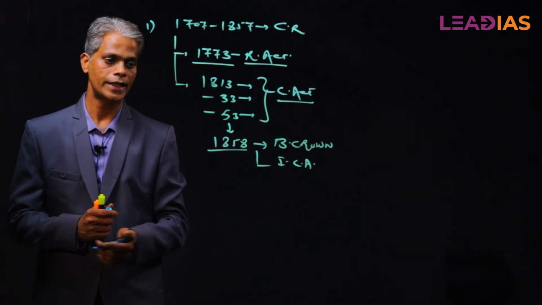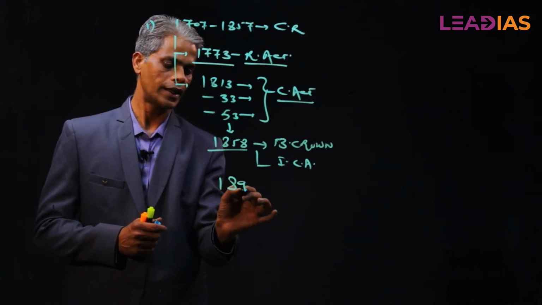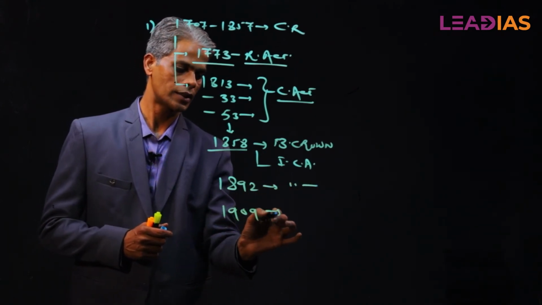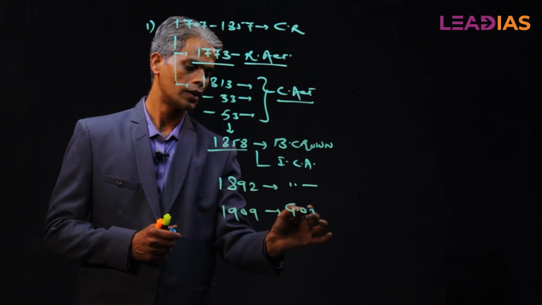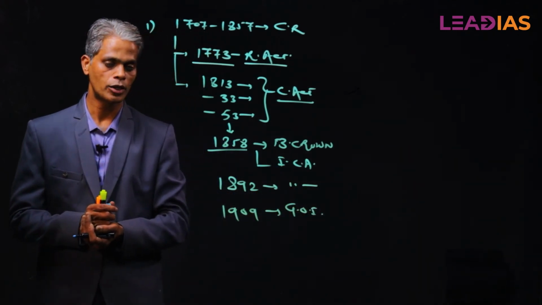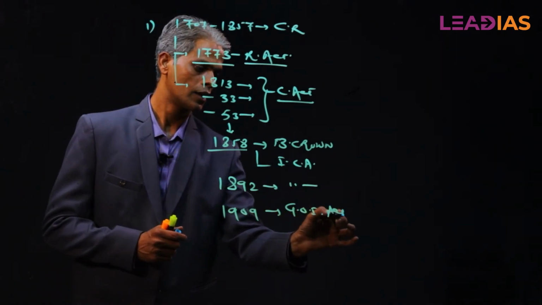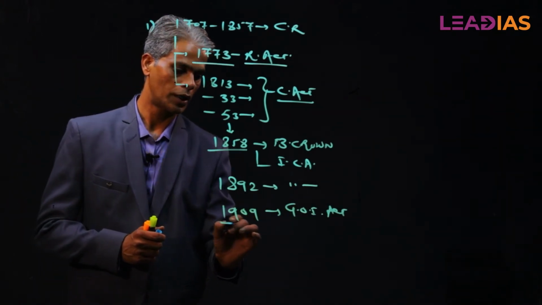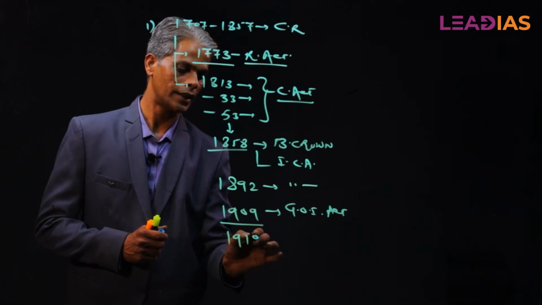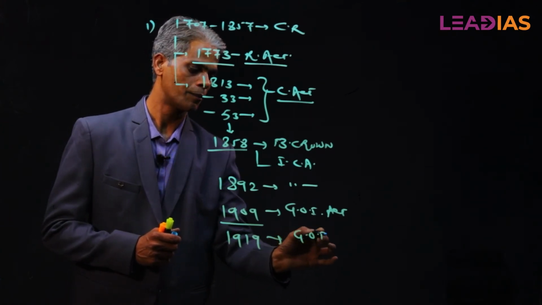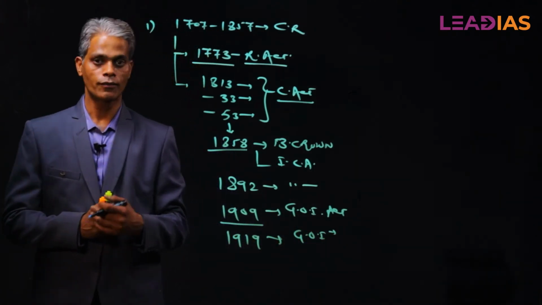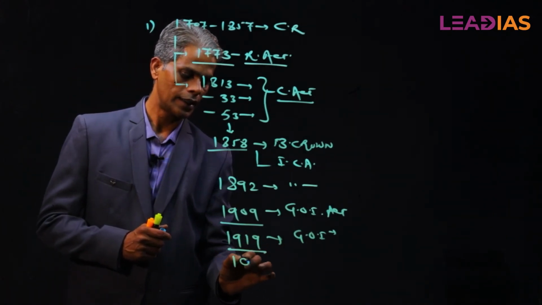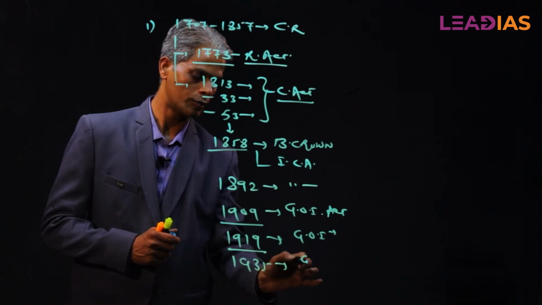So, Indian Council Act 1858, then 1892, then they started with the Government of India Act, known as the 1909 GOI Act, popularly also known as the MMR reforms or Morley-Minto reforms. Then in 1919 they came up with another Government of India Act, called the Montford reforms or Montagu-Chelmsford reforms, and then in 1935 they came up with another Government of India Act.